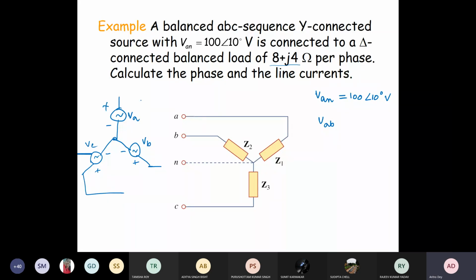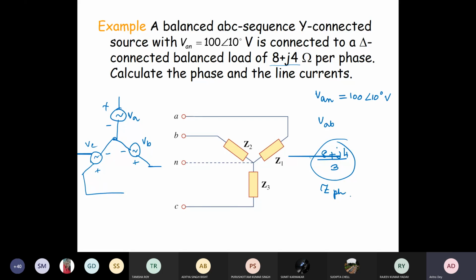VA is given here, and that is connected with a balanced load of delta connection. Either you can keep it like this and find the line to line voltage, or you can change this delta connected load into star and solve that way. Then your delta connected impedance will be changed to star as (8 plus j4) by 3. This is your Z per phase.